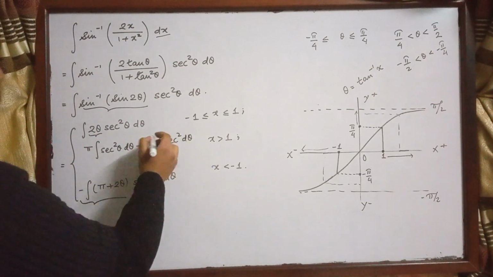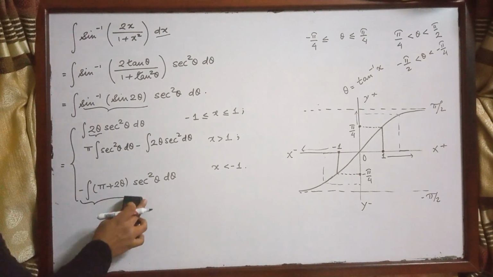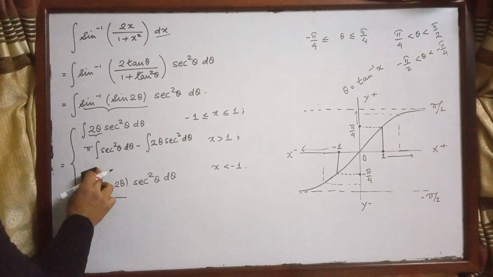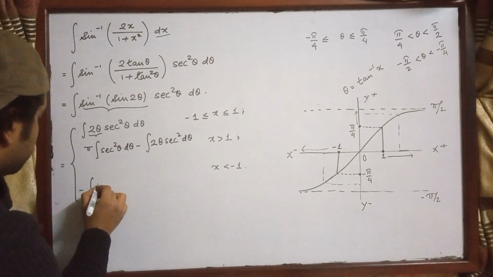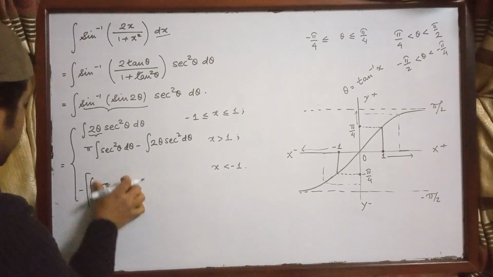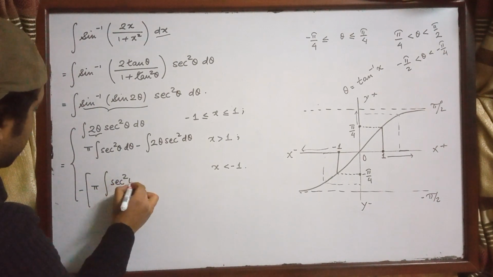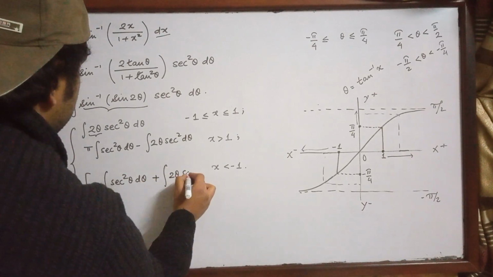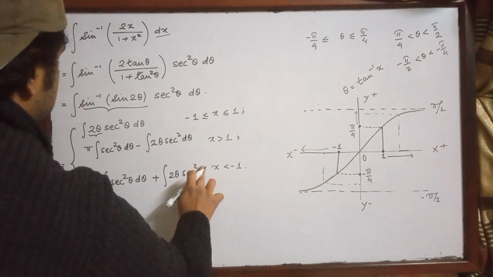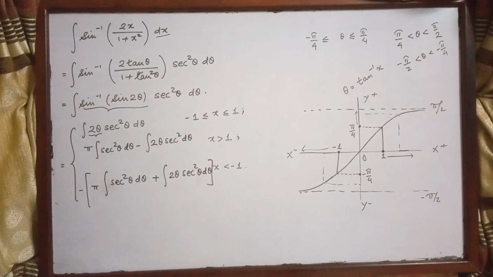And similarly, this is minus pi plus twice theta. So this is minus pi sec squared theta d theta plus integration of twice theta sec squared theta d theta. Okay, these are the cases.